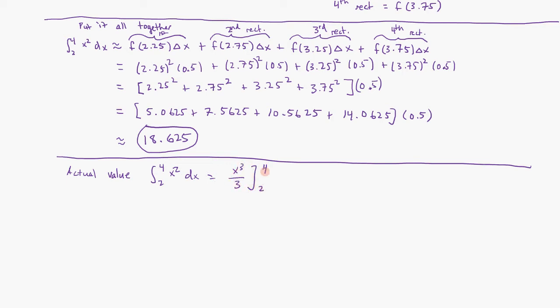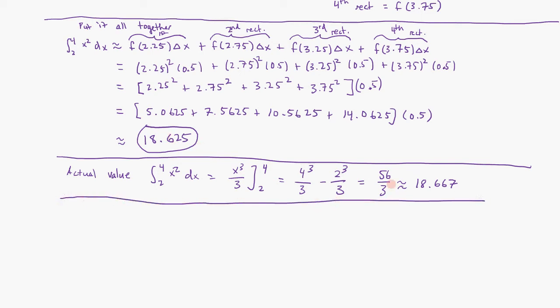Evaluate it from 2 to 4. So this is 4 cubed over 3 minus 2 cubed over 3. This is just 56 over 3, which is approximately 18.667. And so we're only off by about 4/100ths here.